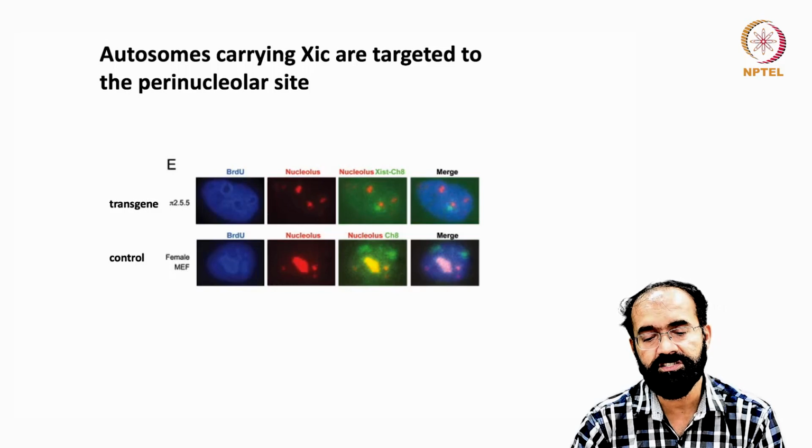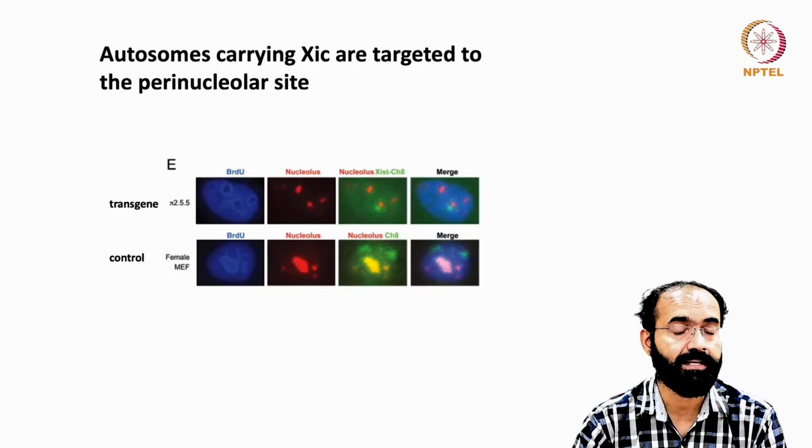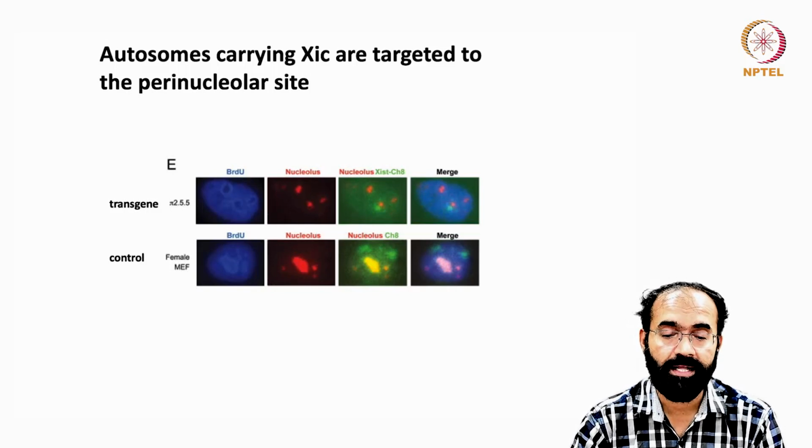Once you merge them, you realize that whenever you put Xist, or the X-inactivation center, in chromosome number 8, it has a perinucleolar association, but no such association if you have a marker for chromosome number 8. Both chromosomes are seen properly.